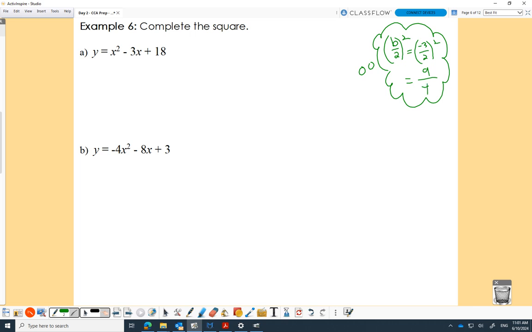So what do I do with that magic number? Add it and subtract it. You're not allowed to just add it in there. I need that 9/4. But now I can factor this. This thing factors to negative 3/2, all squared.